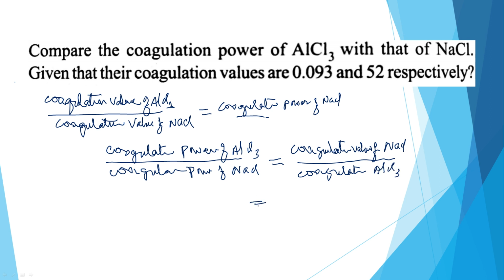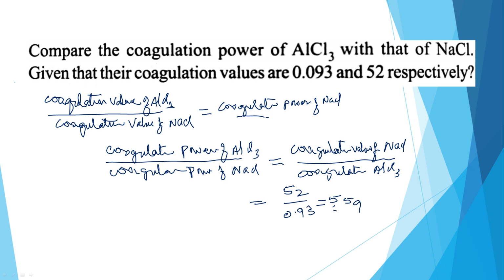This is equal to 52, the coagulation value of this one, divided by 0.093. If you work out, this comes to 559. That is, the coagulating power of AlCl3 is 559 times more than that of sodium chloride.